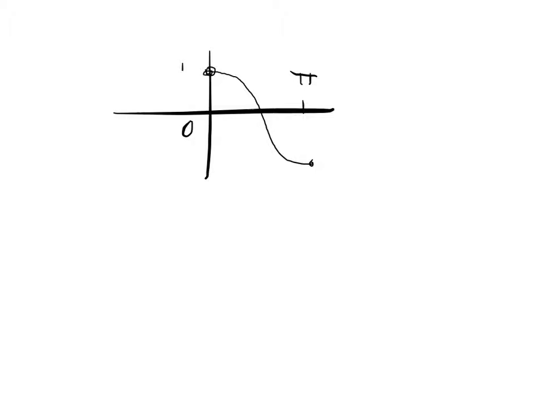So for example, if we look at just one here, the capital C cosine function, we said that's going to go from 0 to pi, and that gives us all of the outputs from negative 1 to 1.